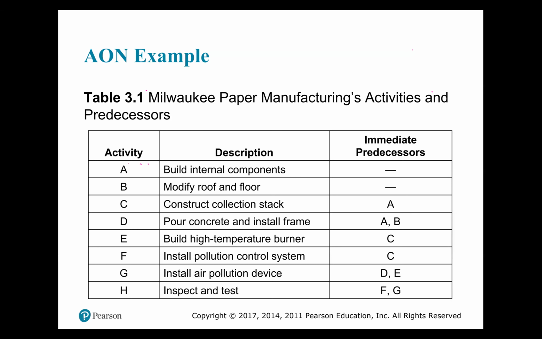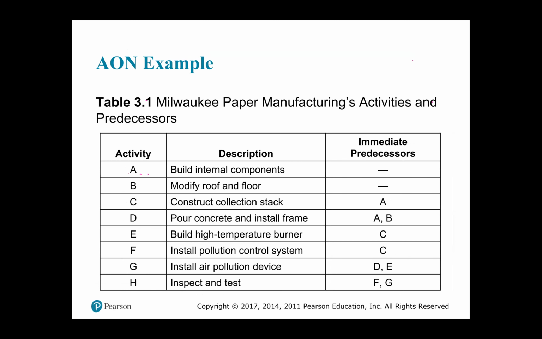We're not usually so interested in the description as in the listing of the activity using either letters of the alphabet or numerical values 1, 2, 3, 4, etc. So we're interested in activities A to H, and it's good to know what the description of each activity is, but the description is not so much what we're interested in right now as in the listing of the activities and the predecessor relationships of the activities.